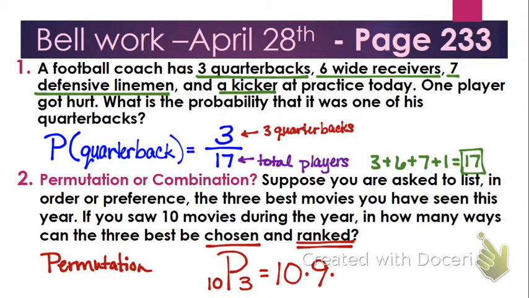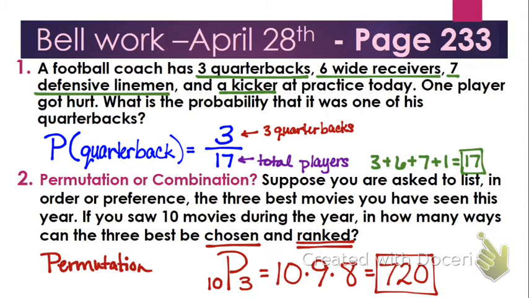Once you've picked out your first and second favorite, how many do you have to choose from for your third favorite? 8. So 10 times 9 times 8 gets us the exact same 720 different ways of arranging this list of top 3 movies. So far, so good? Okay.